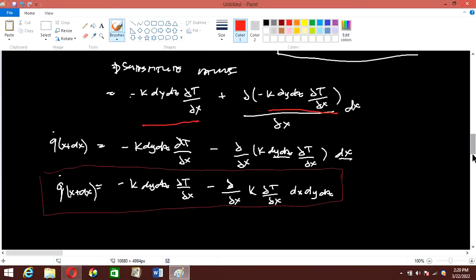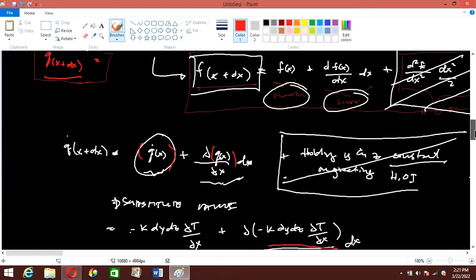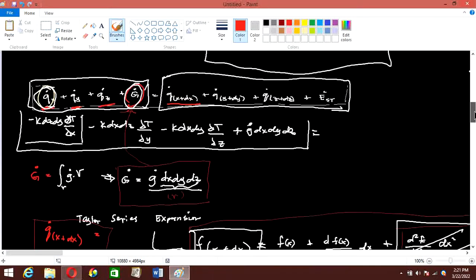Having this expression using the Taylor series expansion, we can also adopt this mathematical technique in the y and z direction. But first, let me use it for one direction only, for x, so that later on you can adapt it in y and z. Okay, we are here. So let me copy this part.